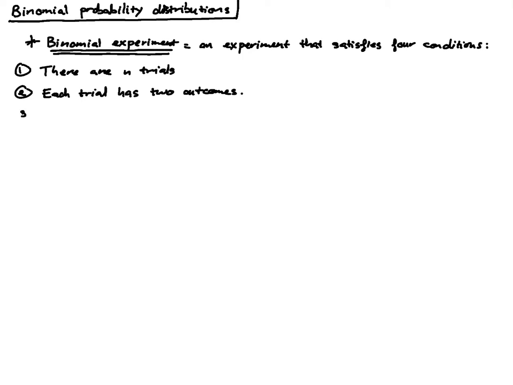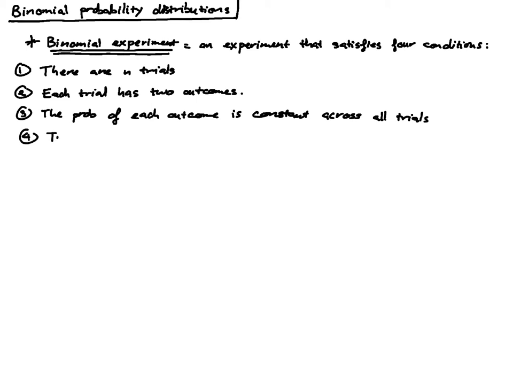Third, the probability of each outcome is constant across all trials. And then fourth, the trials are independent.